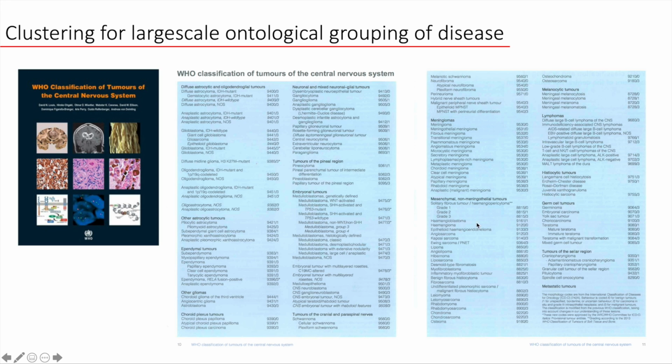So you have different types of meningiomas that are grouped in this meningioma chapter. You have different types of gliomas that are grouped in the glioma chapter. And of course, these are based on the consensus of international experts that have met to discuss and vet similarities in the biology, the molecular patterns of these tumors and the clinical outcomes, and kind of organize it in a very coherent and intelligent way.